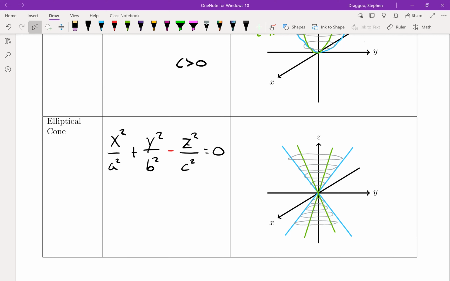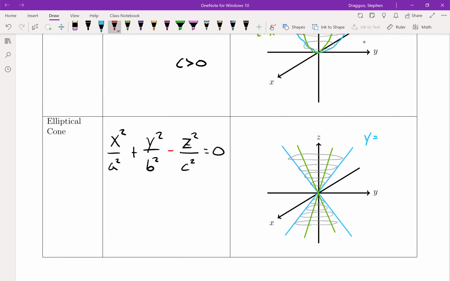So if I look at the xz plane or the yz plane, the one where those pieces are, when I'm pairing it with the opposite sign, I end up with the equation y equals plus or minus z.